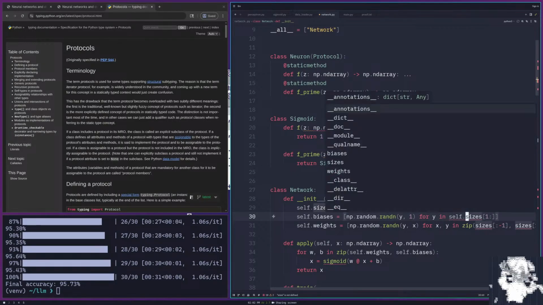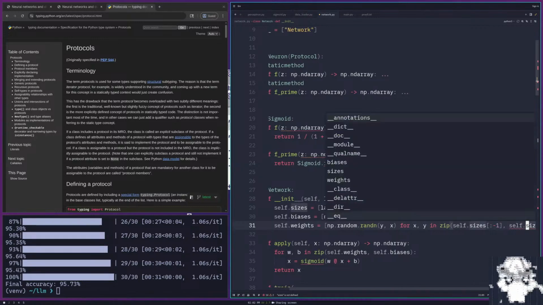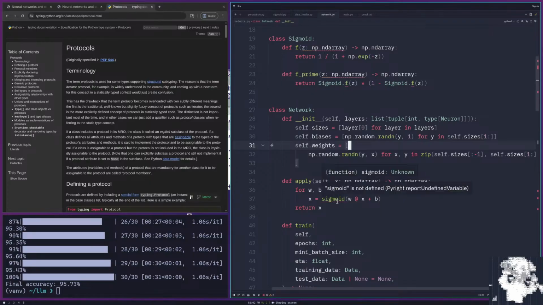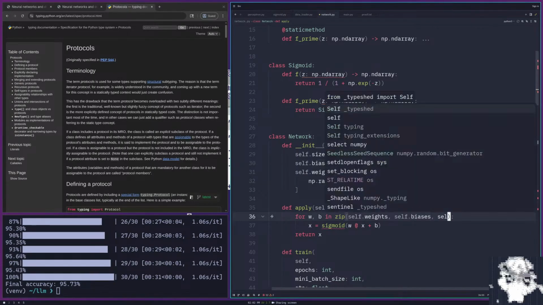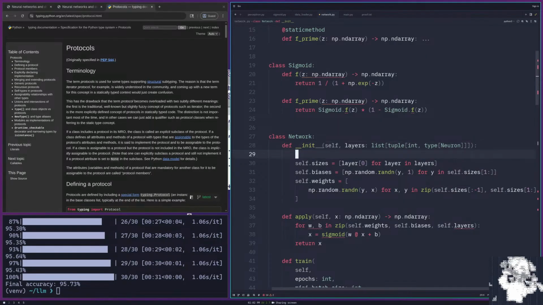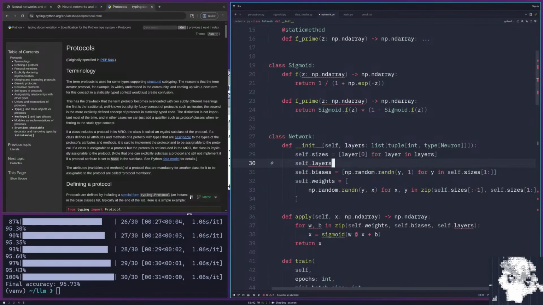And now these can be self.sizes. Okay. When you apply, you have to use the correct activation function for that layer. So self.layers, and I'm not storing it. Let's call self.layers.